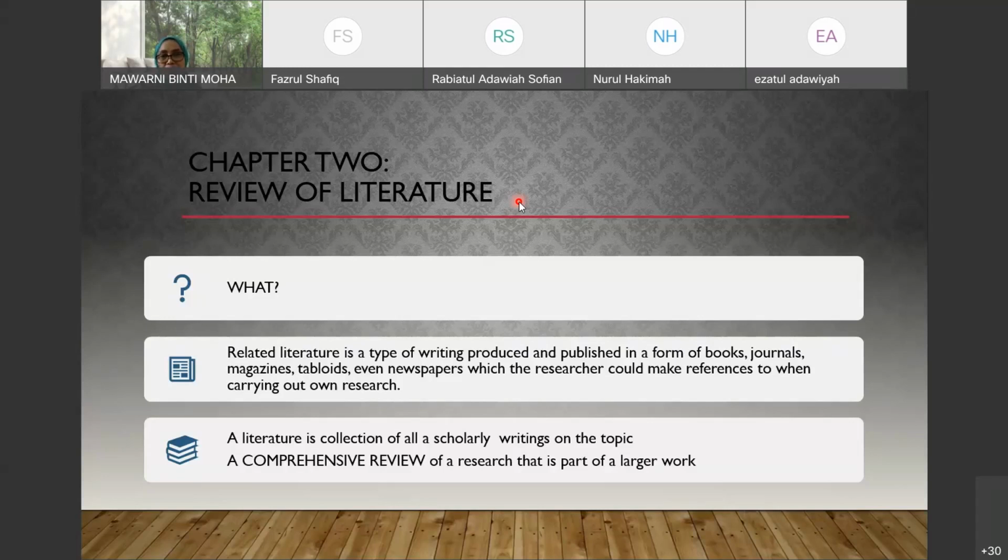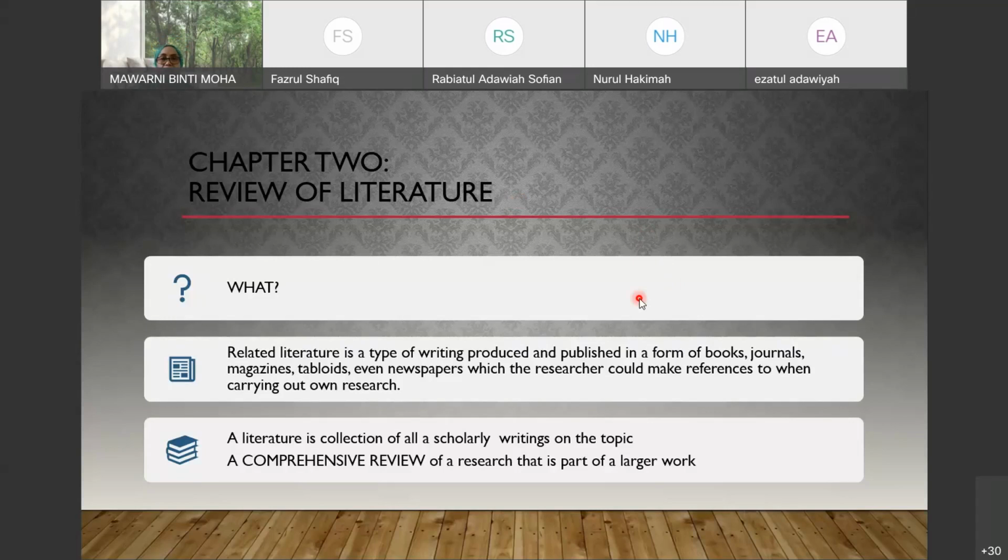From that, we know that you are not the only one who does this. That this has been done before, not specifically or directly, but the area of interest, or the issues, or the population, or the samples has been researched before.